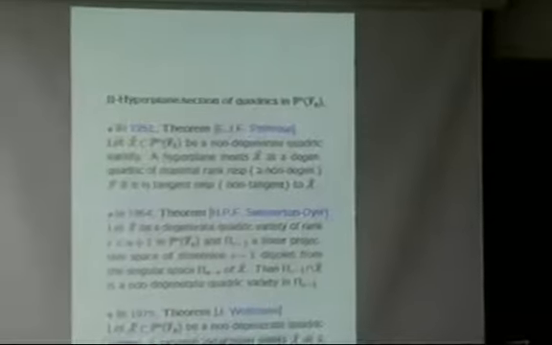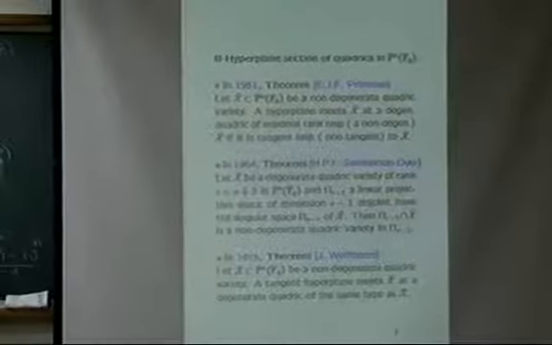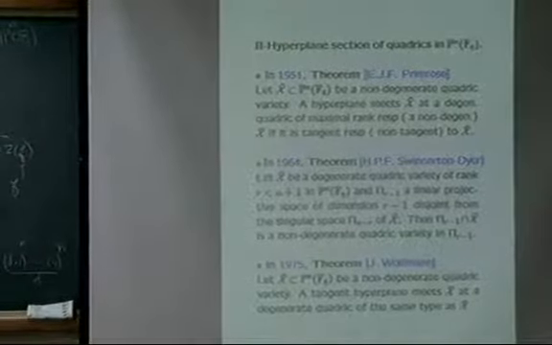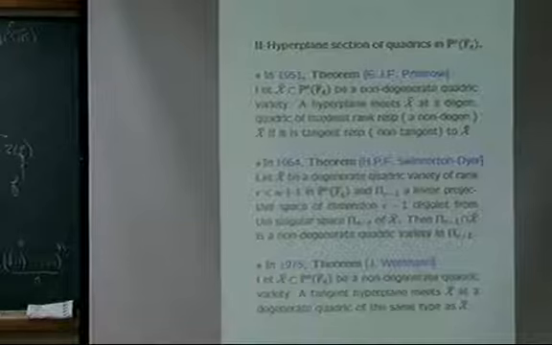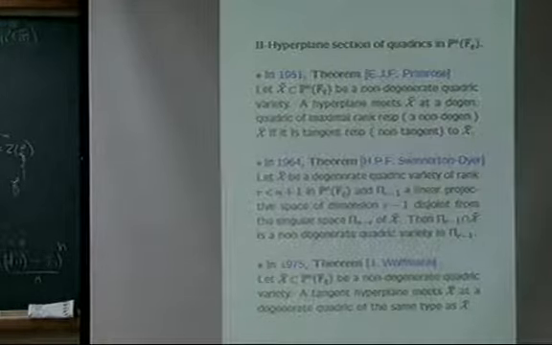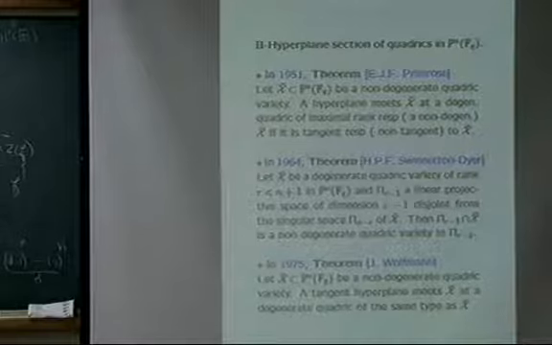So now I can give some results. The result of Primos in 1951 says that if you study the sections of a non-degenerate quadric with a hyperplane, in Pn we obtain a non-degenerate quadric in Pn minus 1 if the hyperplane is non-tangent, and you obtain a degenerate quadric of maximal rank if the hyperplane is tangent.